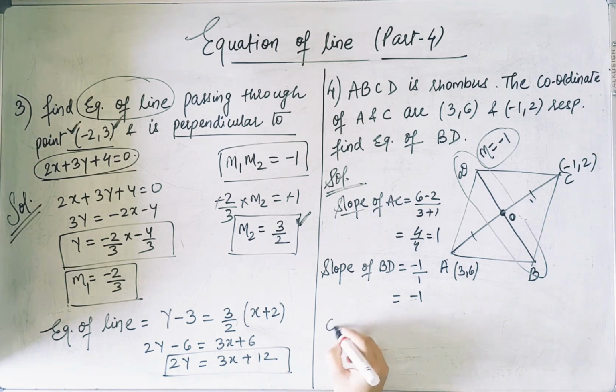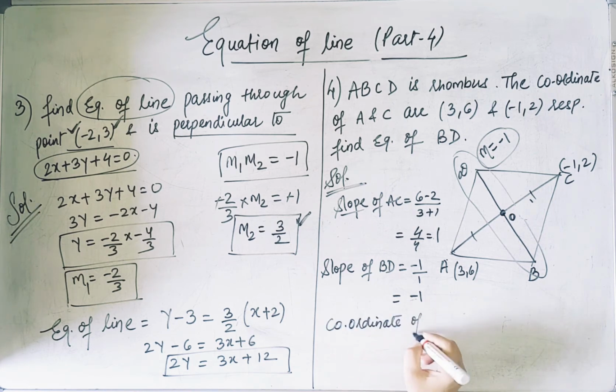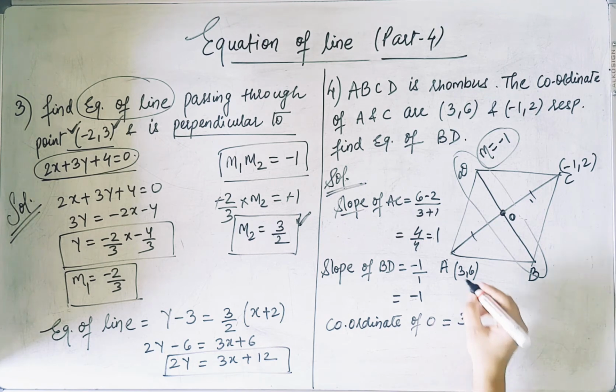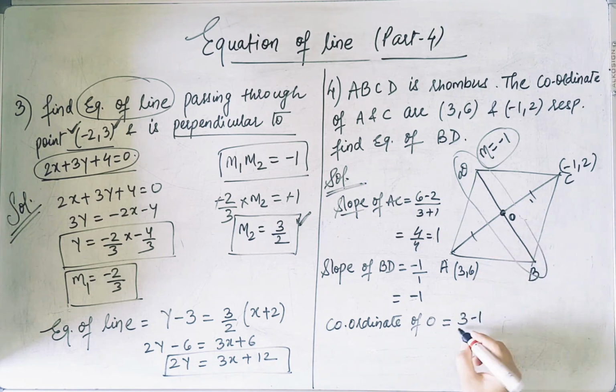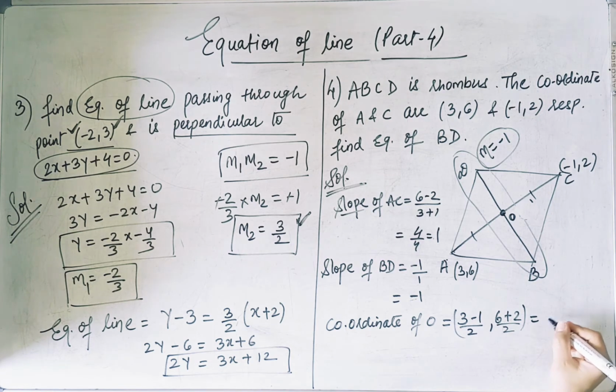So coordinates of O will be 3 minus 1 by 2 comma 6 plus 2 by 2. Thus 3 minus 1, 2 by 2, it will be 1, and 6 plus 2, 8 by 2, it will be 4.